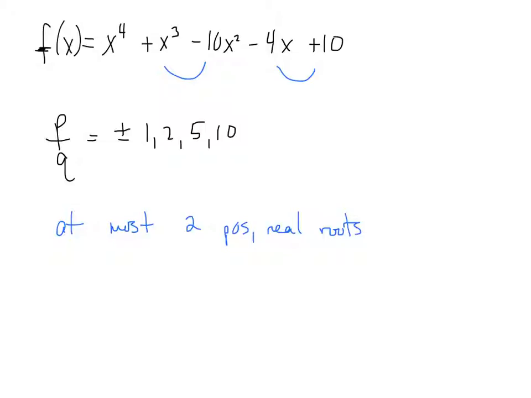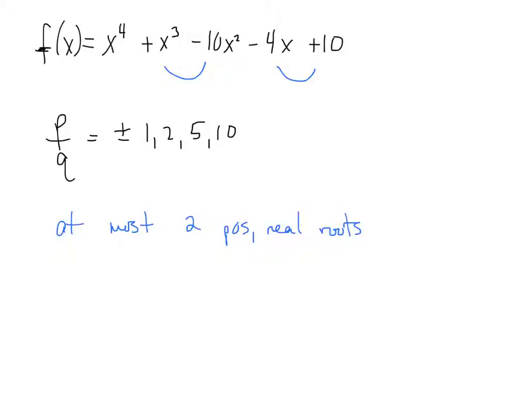And we have x to the fourth, so we know that we could have at most 4 roots. 2 of them could be imaginary, 2 could be irrational. 4 could be real. You could have 2 real, 2 imaginary. You could have 2 real, 2 irrational. You could have all 4 imaginary. You could have all 4 irrational. There's all these possibilities. But what do you notice is that they come in pairs when it's to the 4th degree there.